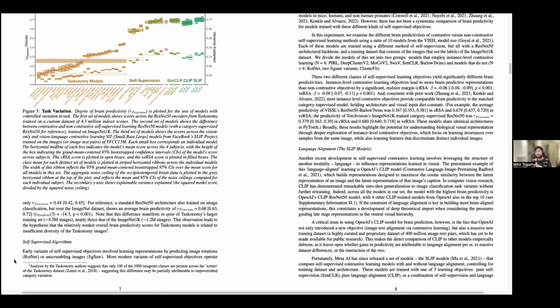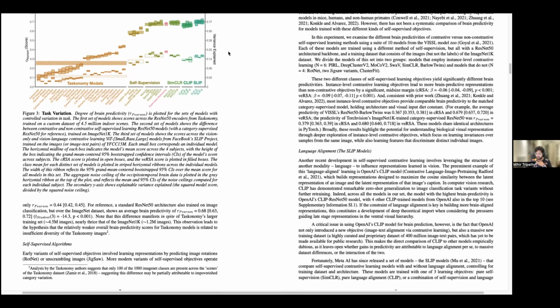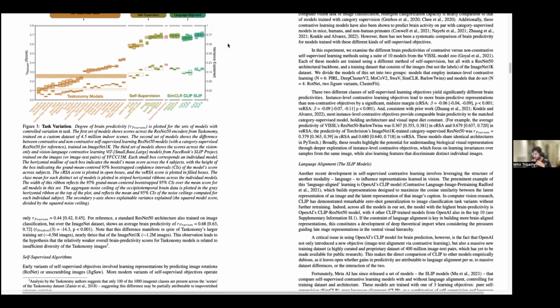But then again, for that we need a much more diverse data set to actually train the model first. Because all these models are trained on ImageNet, and then they use the NSD data set to pass the images and the voxels. So yeah, it's all about the data set, it seems.